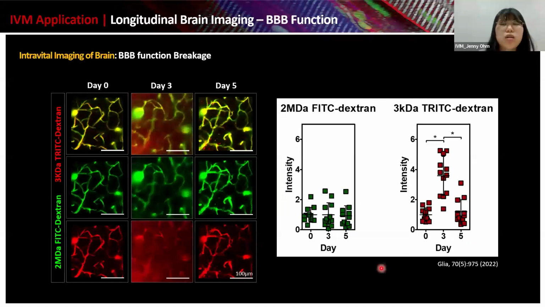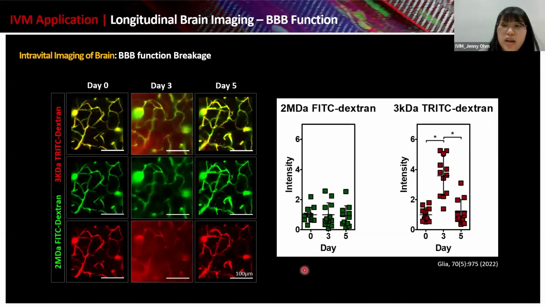We next focused on the function of the blood-brain barrier and visualized the cortex after injecting fluorescent dyes of different molecular sizes to assess vasculature permeability. We observed that the smaller 3K Dalton TRITC dye leaked much more rapidly across the blood-brain barrier compared to the larger 2 megadalton FITC dye.